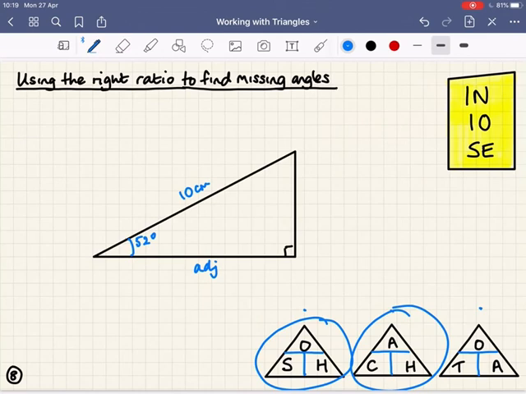And similarly, if I had this side here, 7 centimeters, and I didn't have the hypotenuse, now I've got the adjacent side is what I want, and I've been given the opposite, well, then I could use the tan ratio to find that particular solution.